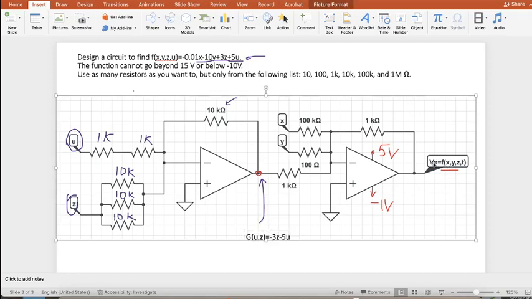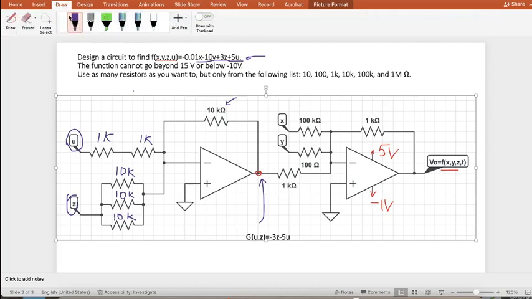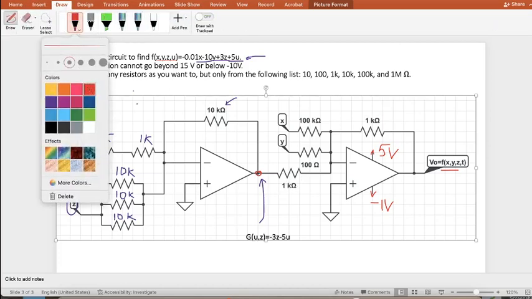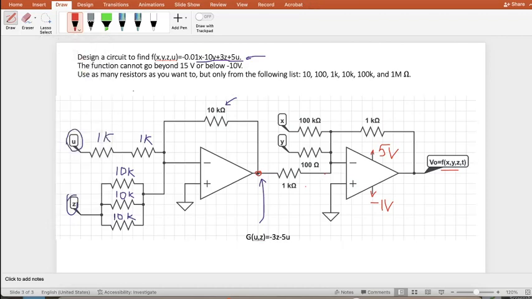And by the time you get to f, these two minuses get multiplied by minus 1, because I put here in Ri the same value, so this 1k is the same as 1k, so I'm just multiplying it by minus 1. So this g ends up being 3z and 5u by the time it becomes f.